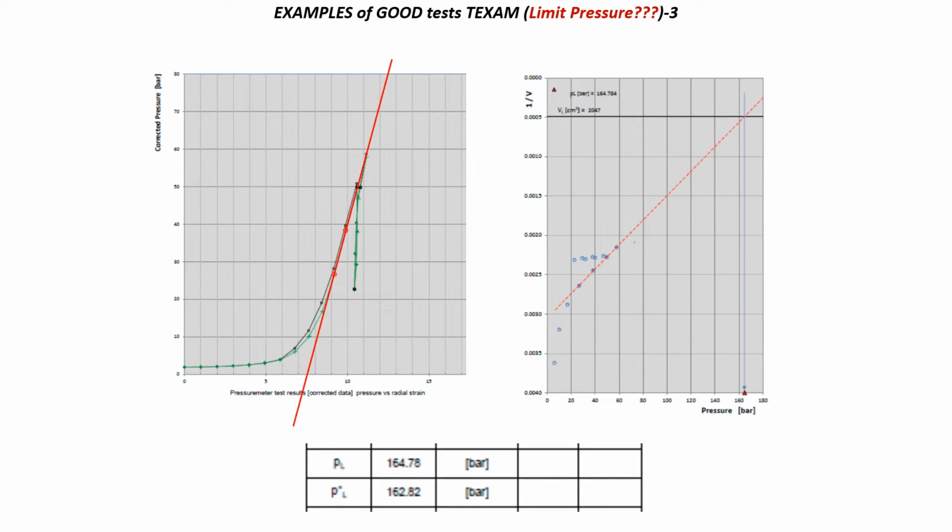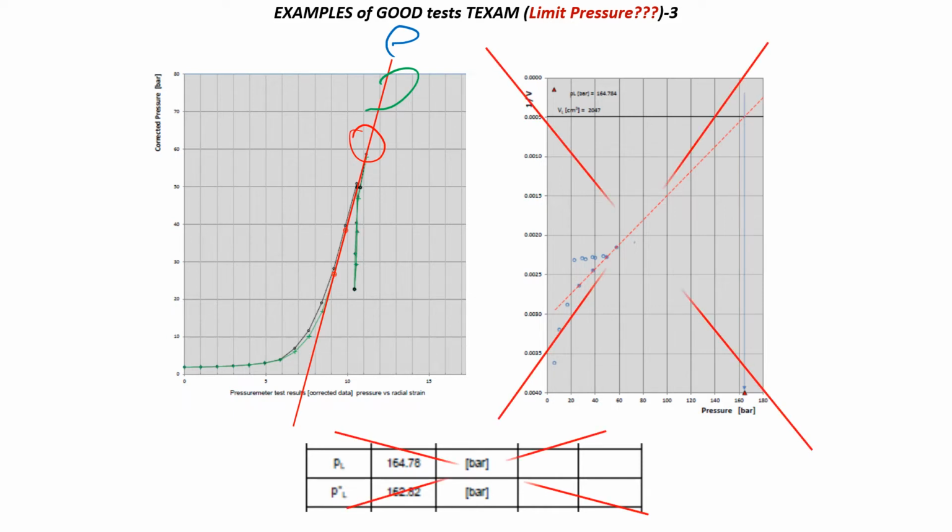The only thing you can say is my limit pressure is beyond these points, but it's here, or here, or here, you have no idea. What you can definitely say is your PMT modulus, E naught. You can calculate it and trust it, but not the limit pressure.